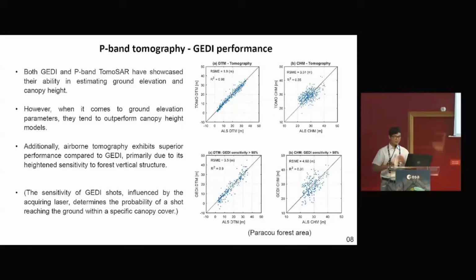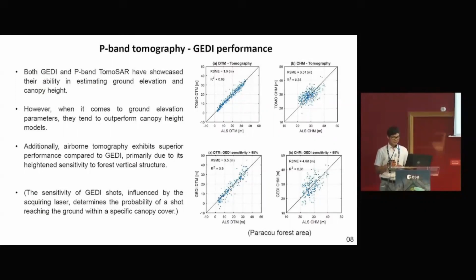In all cases, with the ground and with the canopy, the tomography with the airborne scenario has a better performance. Why? Because maybe they have a better sensitivity to the target. They have a better penetration to the ground, so that's why they can better characterize the forest.